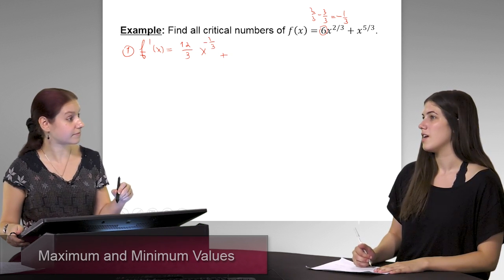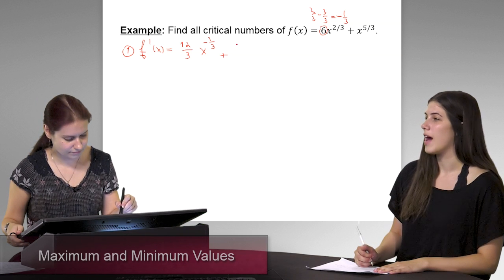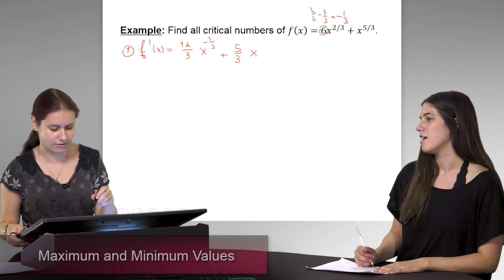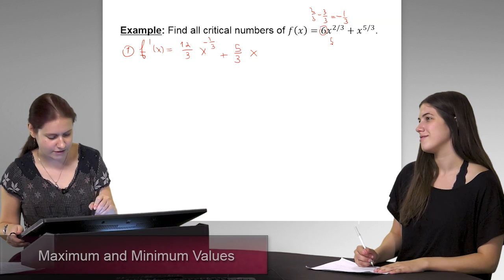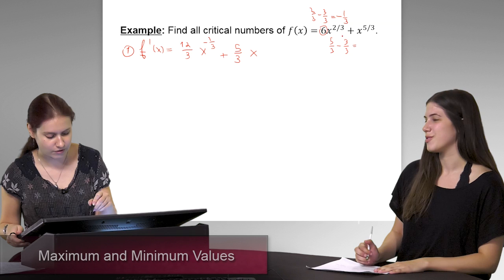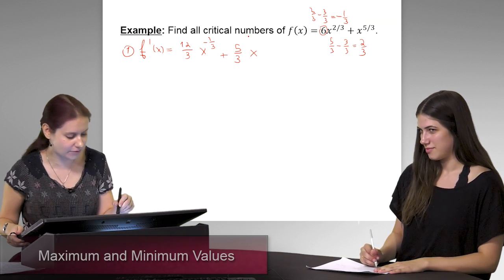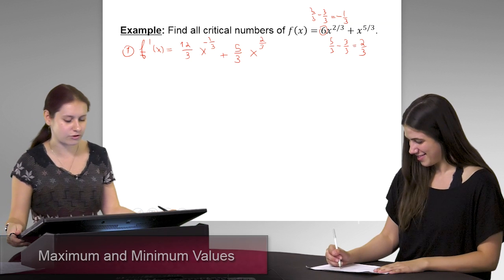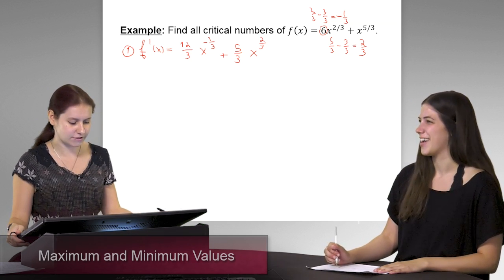And then we're going to have plus 5/3 times x to the 5/3 minus 3/3. 3/3 gives you 2/3. Yeah, good. 2/3. That's how you do it. So you don't have to do it fast. You can always write down a small cheat sheet in the corner to check all the calculations.